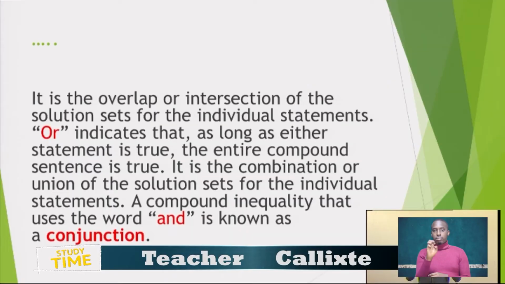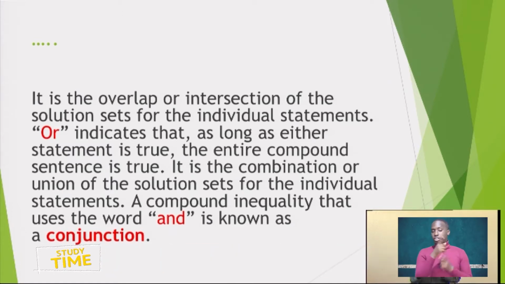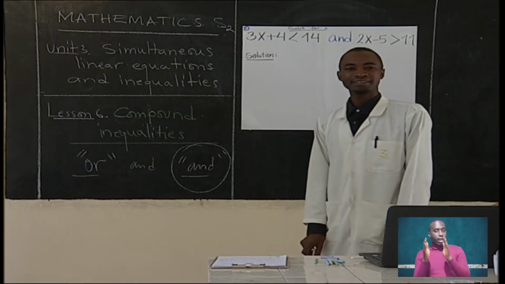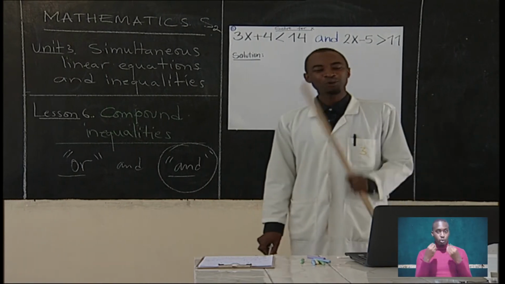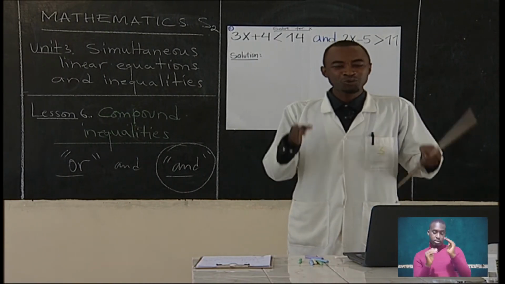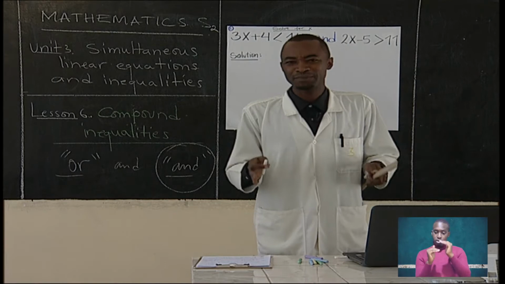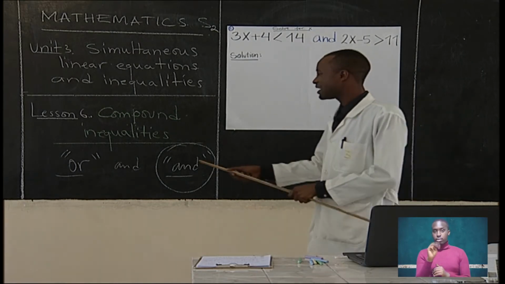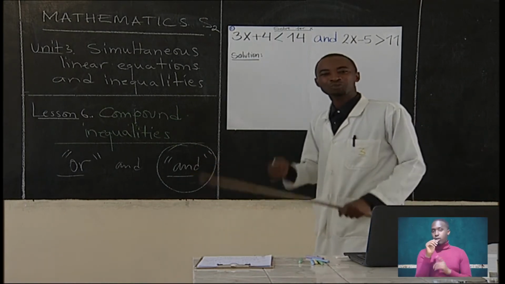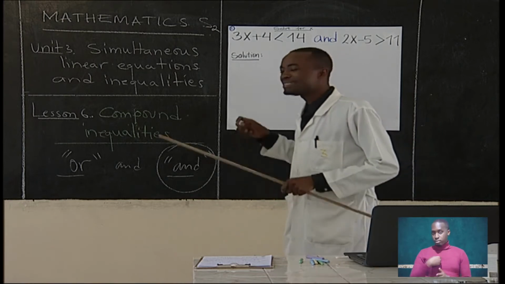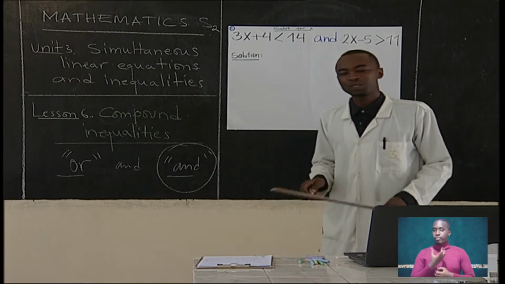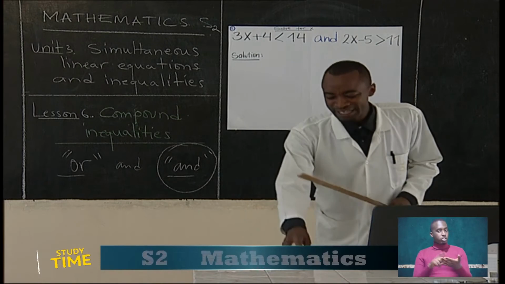When you have this word or and, let me start with the and. If I'm given 2 inequalities, and between those 2 statements I have the word and, this explains to me that at the end of the day, I will have a solution that shows the intersection.